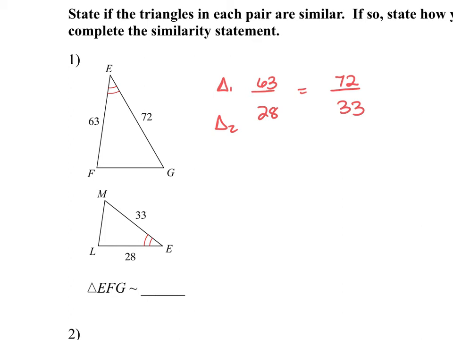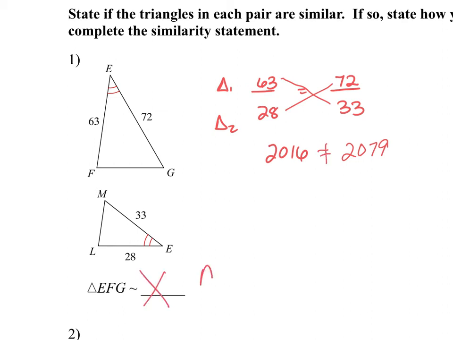So when I cross multiply, somebody get your calculator. What is 28 times 72? So 2016, and what is 63 times 33? I know it ends in a 9. What is it? It is 2079. All right, so they are not equal. So these guys are not similar.